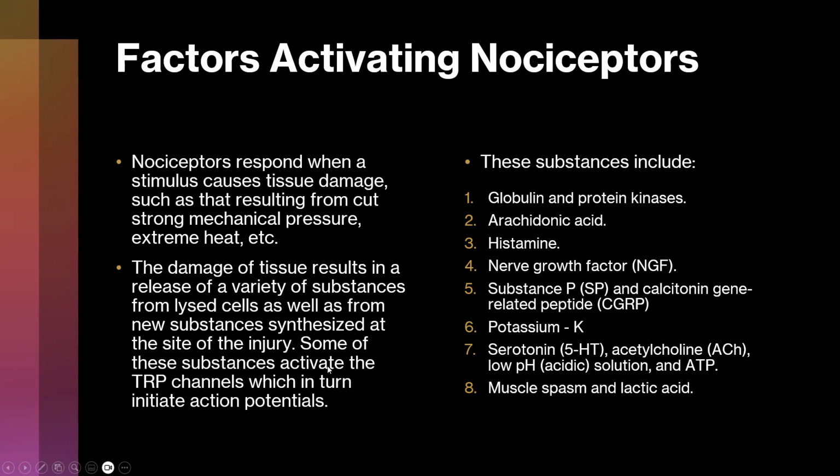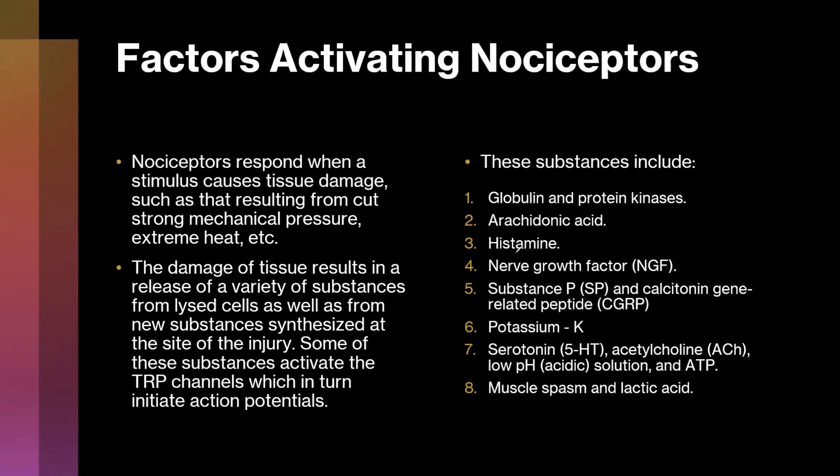Some of these substances activate the TRP channels, which in turn initiate action potentials. And these substances are bradykinin and protein kinase, arachidonic acid, histamine, nerve growth factor, substance P, and calcitonin gene-related peptide.